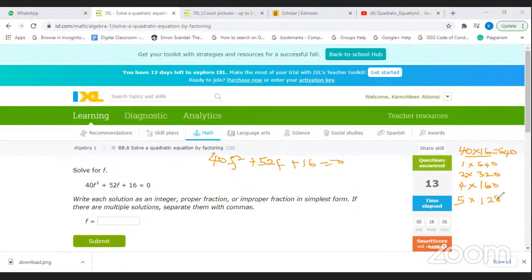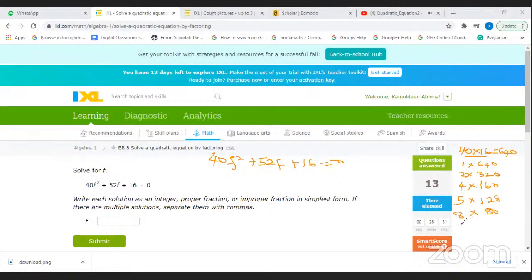5 times 8 is 40. Yeah, it's correct. So the next number, I'm very sure of, is 8. 8 and 80.